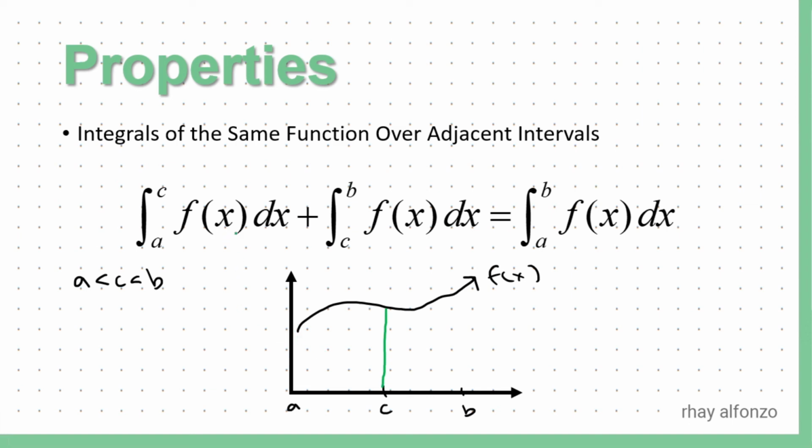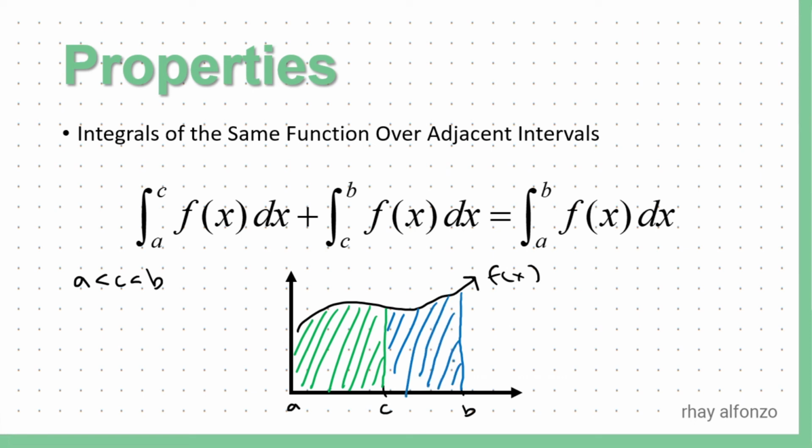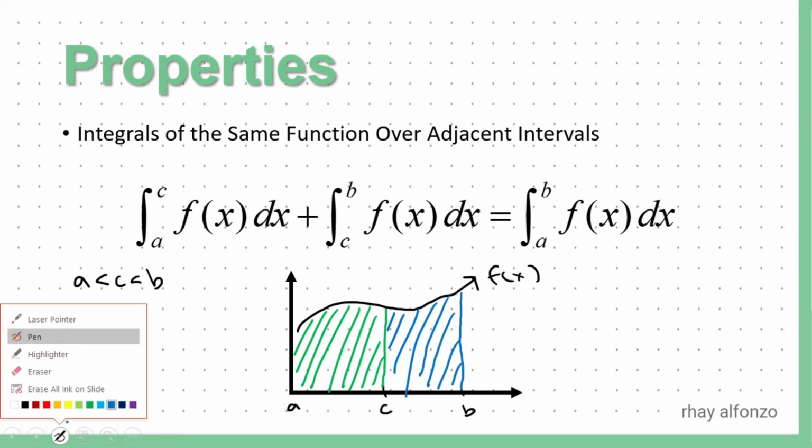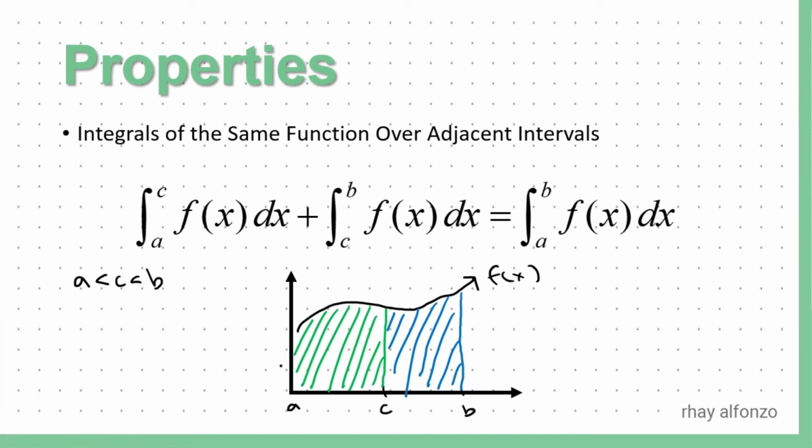So the definite integral of f of x from a to c is just this shaded region. And the definite integral of f of x dx from c to b is just this shaded region in blue.